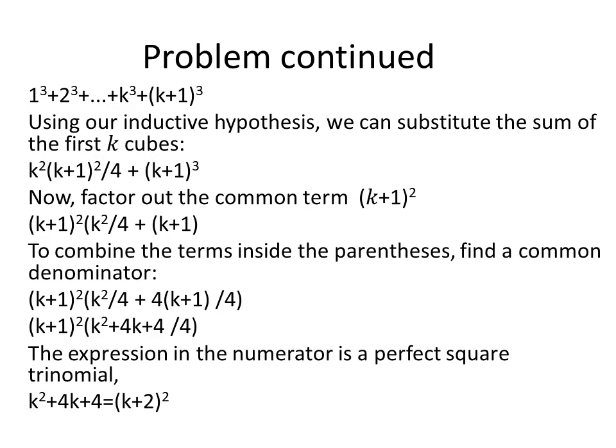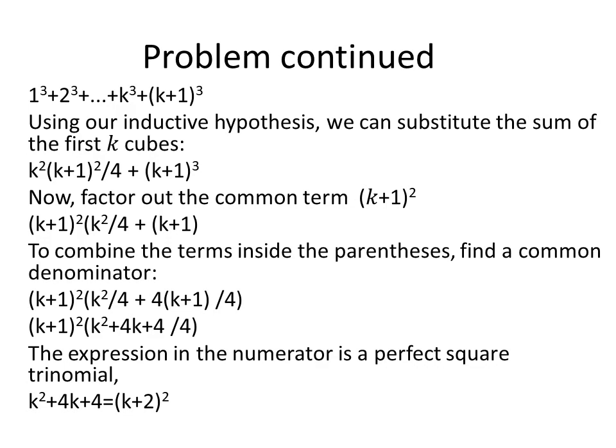Using our inductive hypothesis, we can substitute the sum of the first k cubes, that is k square into k plus 1 whole square by 4, plus k plus 1 whole cube. Now we factor out the common term k plus 1 whole square. If we take k plus 1 whole square common, we are left with k square by 4 plus k plus 1.